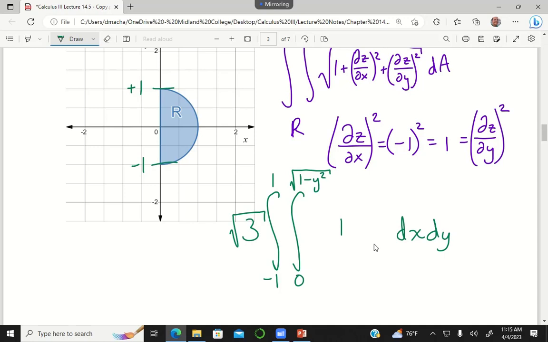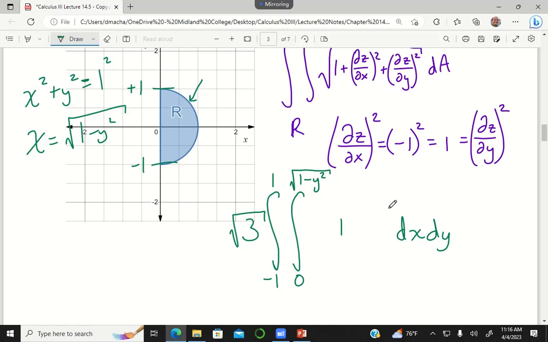So the square root of 1 minus y squared is going to give me the right side semicircle of a unit circle at the origin. So remember, the circular part is given by x squared plus y squared equals 1 squared, because my radius is 1. And then, again, to rearrange this and solve for x, I would have the square root of 1 minus y squared. So that's how I came up with that upper bound of that inside integral.